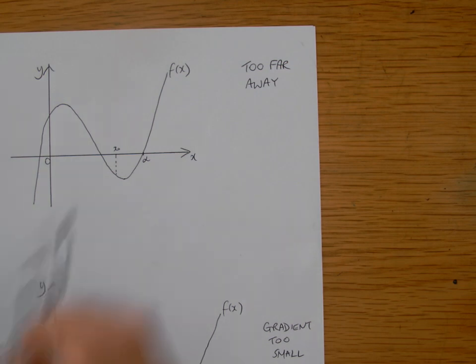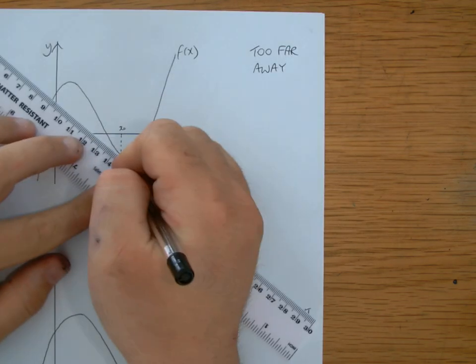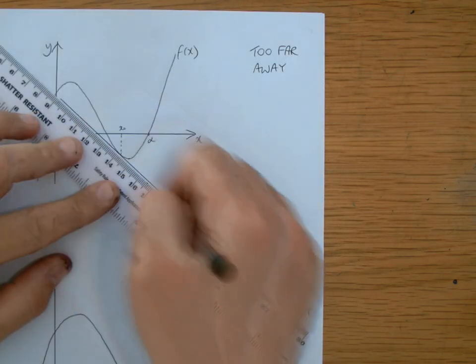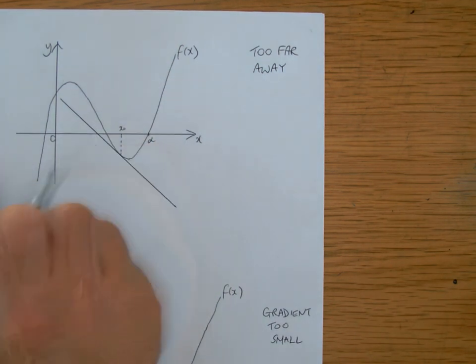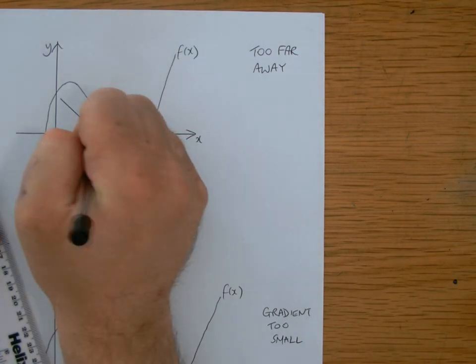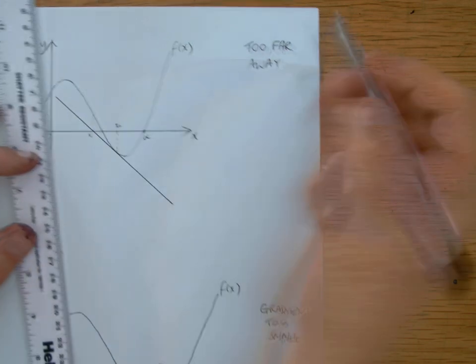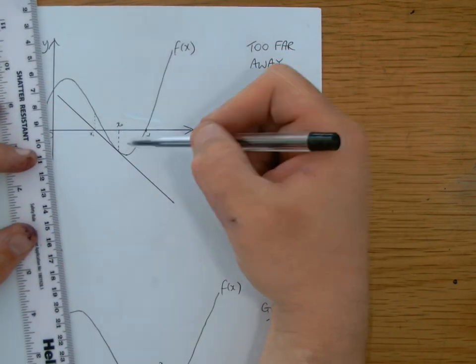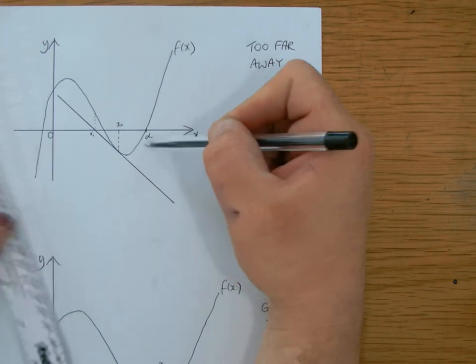With my x0 there, if I draw a tangent, and again where the tangent cuts the x-axis is going to be my x1, which is here. So you can see it takes me away from my root. I wanted to home in on the root.